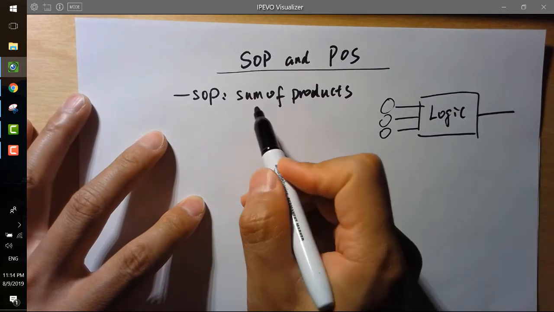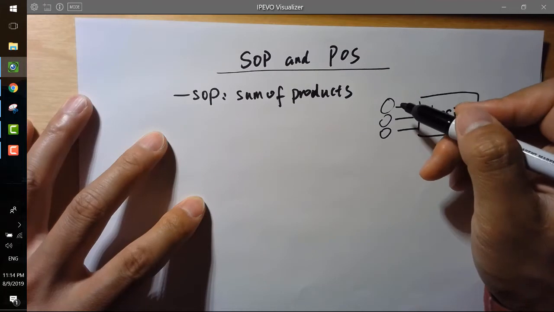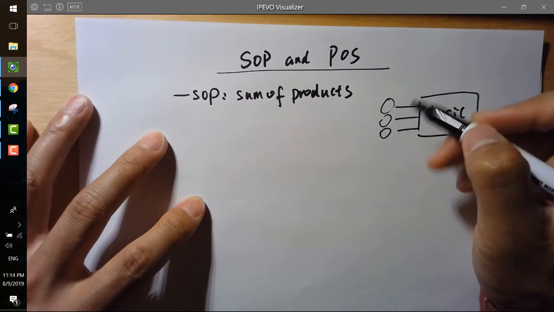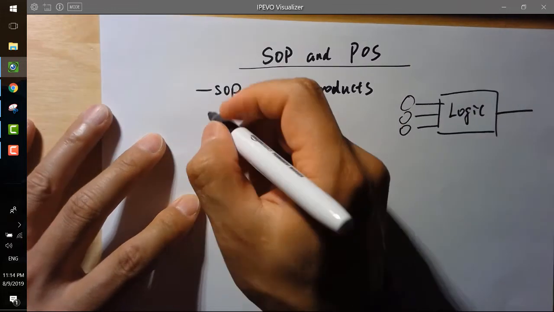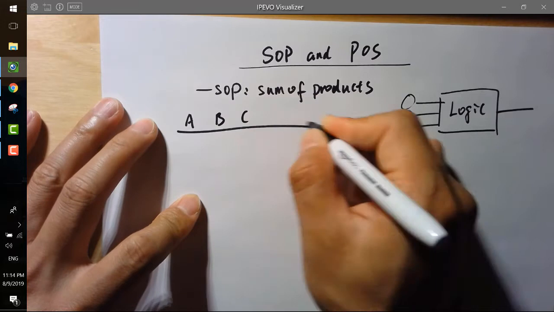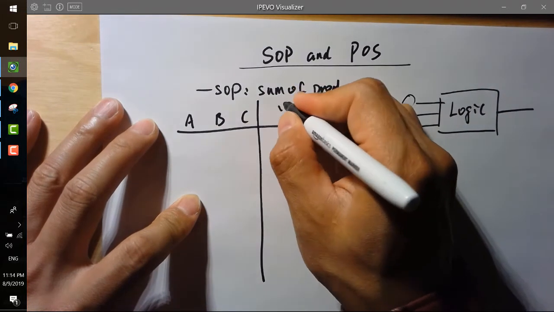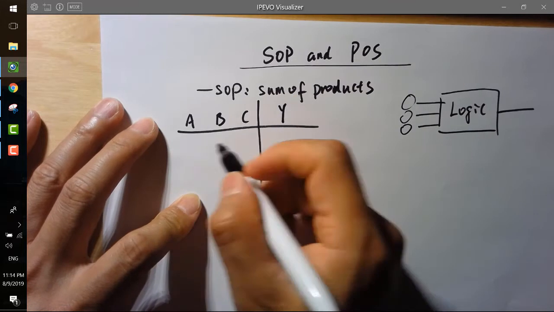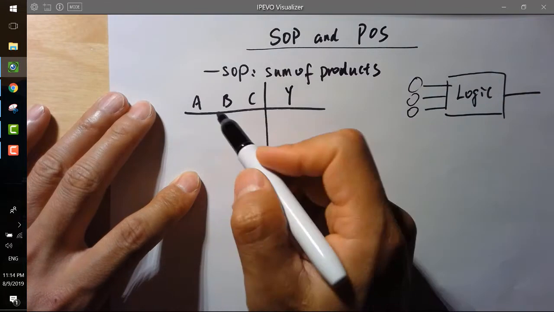And we are using a truth table to describe all these possibilities of the input and the corresponding output. For example, here we have 3 inputs and 1 output. So we can start counting all the combinations for the inputs.